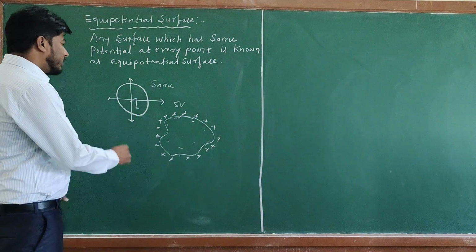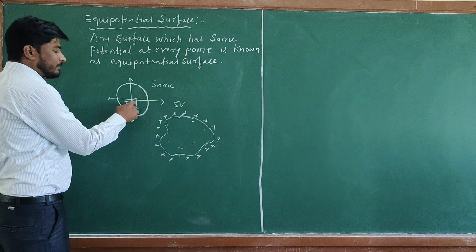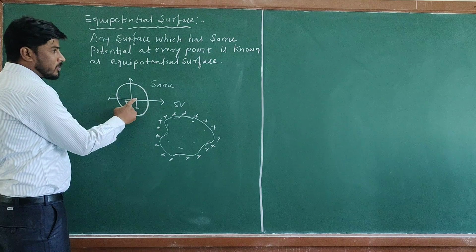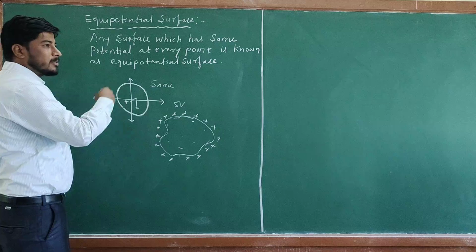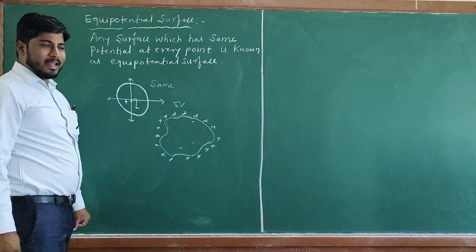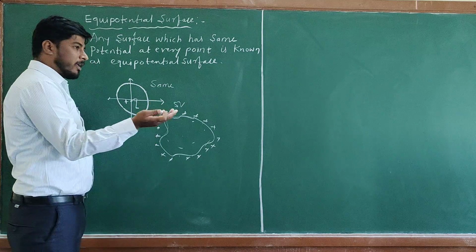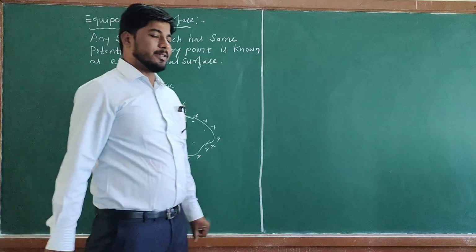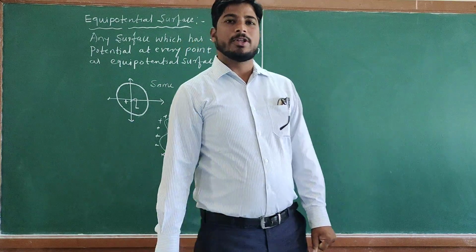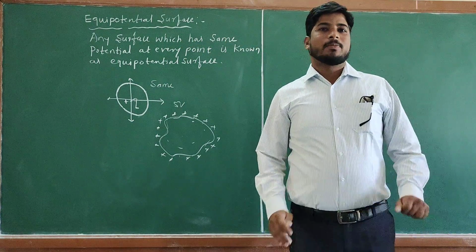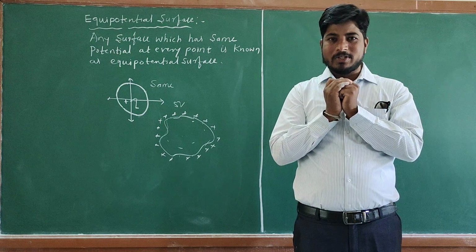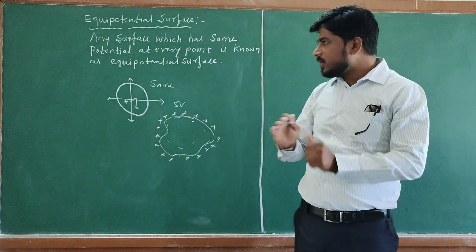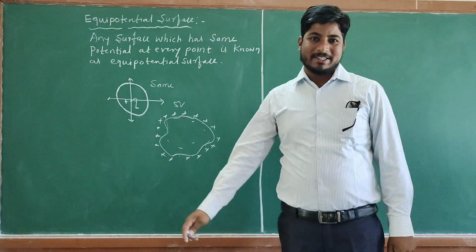Equipotential surface due to the positive charge is spherical, concentric spherical. So for every positive point charge, the equipotential surface is a concentric sphere.